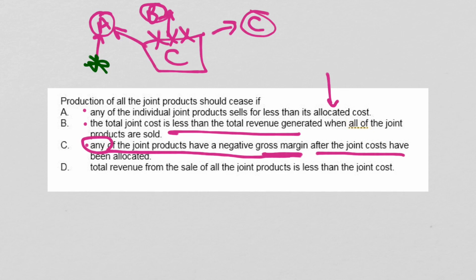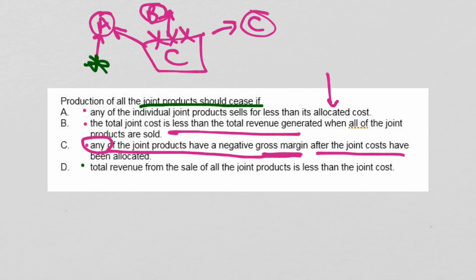So C is not an answer because all of them would have to have a negative gross margin in order to say cease the joint products, and that's what this problem is talking about: joint product costs. And then we have D.